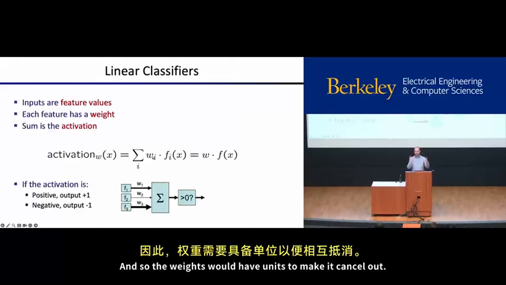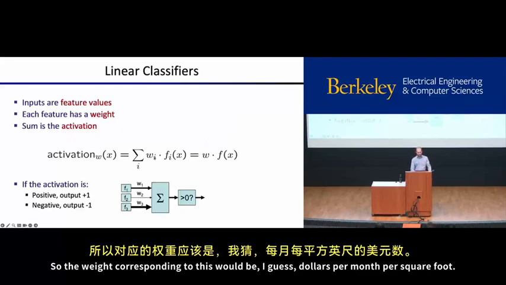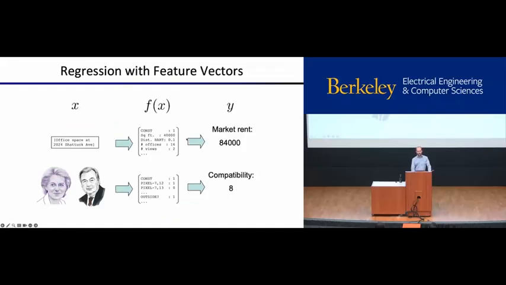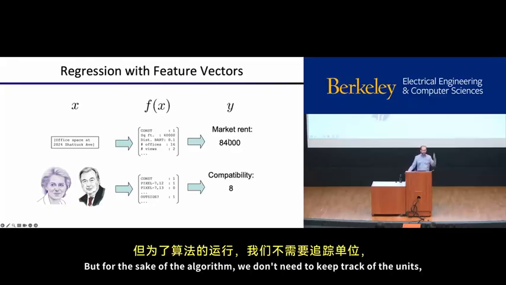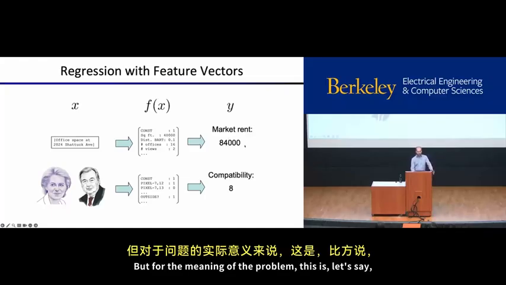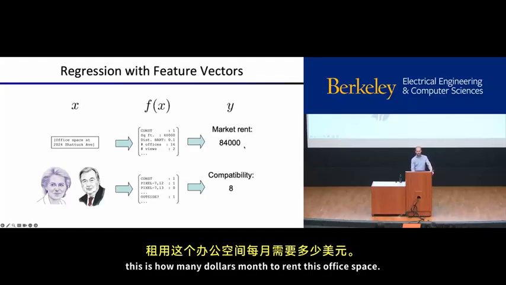And so the weights would have units to make it cancel out. So the weight corresponding to this would be, I guess, dollars per month per square foot. But for the sake of the algorithm, we don't need to keep track of the units. They're just numbers to us. But for the meaning of the problem, let's say this is how many dollars per month to rent this office space.